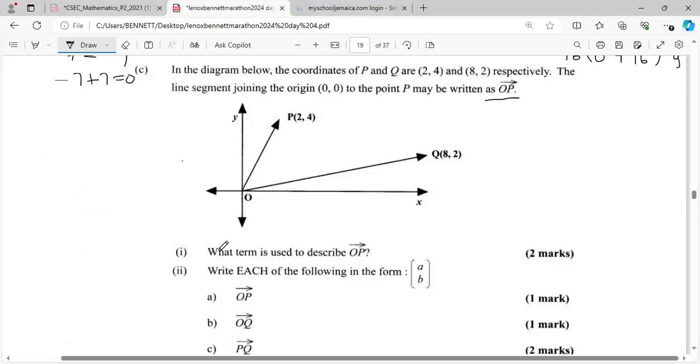And they say, what term is used to describe OP? Now, once it starts at 0, 0, or the origin, this is what we call a position vector. So I could just type in that. That's what they really want, and I give you 2 marks for that. So just remember this, guys. Position vector starts at 0, 0.